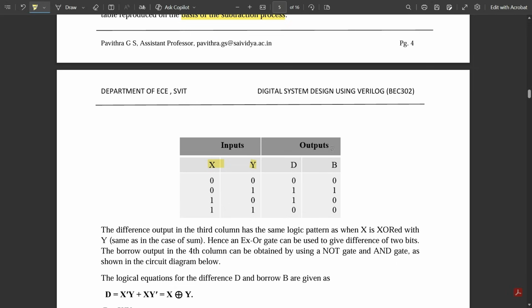Difference is 0, borrow is also 0. So like this you would be getting four sets of values for difference as well as borrow. For 0 0, difference is 0, borrow is 0. For 0 1, difference is 1, borrow is 1. For 1 0, difference is 1, borrow is 0. And for 1 1, difference is 0 and borrow is 0.